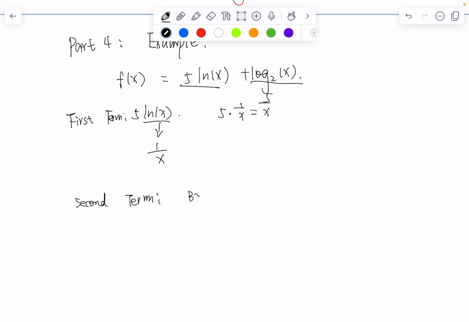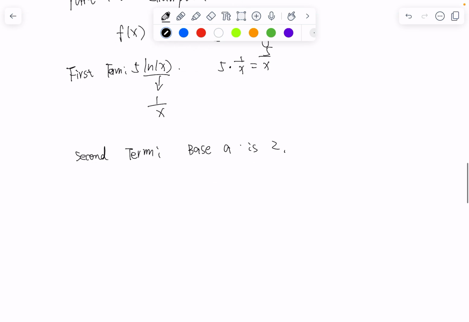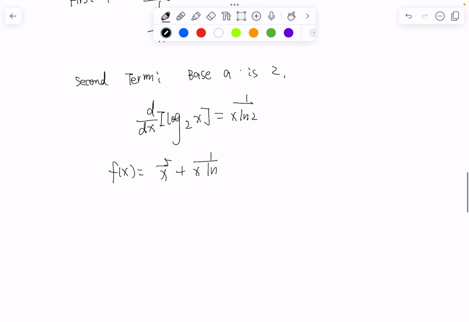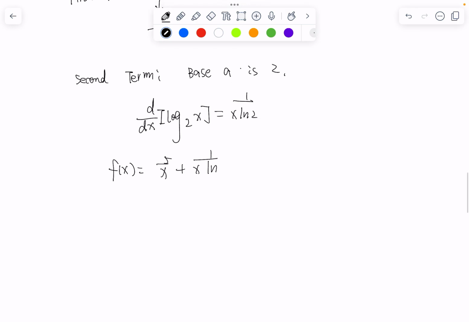The base is 2, so a is 2. So we use our general rule. ln 2 is a constant, so it stays down. Therefore, the derivative of the entire function is, we can even factor out the 1 over x if we want.